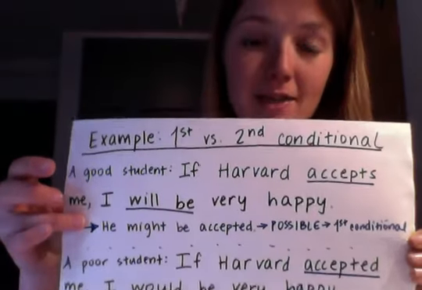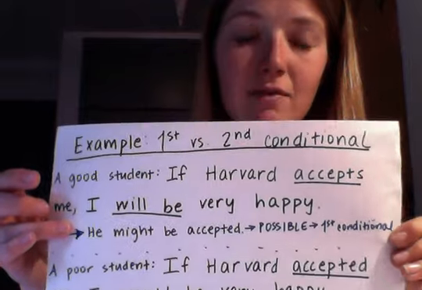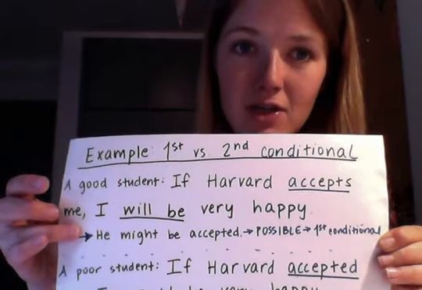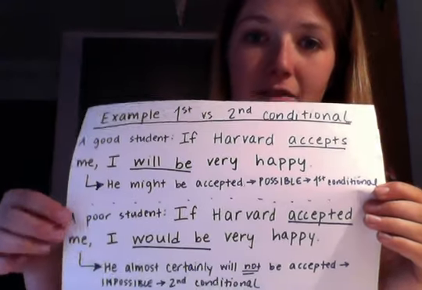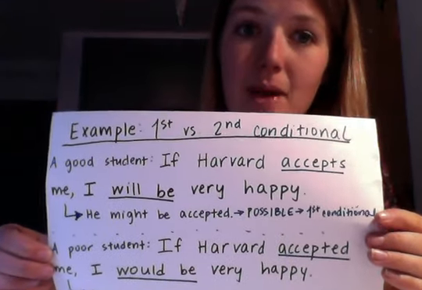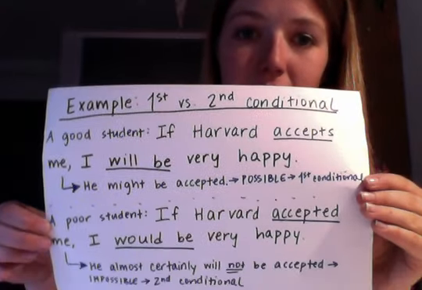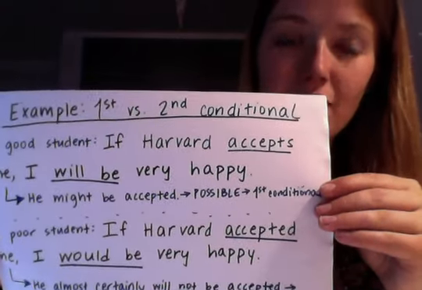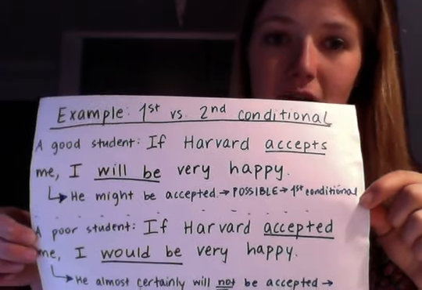So he might be accepted. It's possible, it's likely even. And for that reason, we use the first conditional. On the other hand, if we have a poor student, right, a bad student who does not work very hard and does not study, he might say, if Harvard accepted me, I would be very happy.